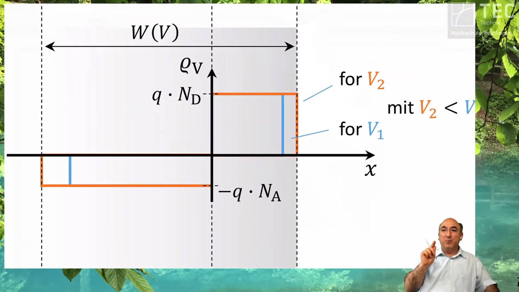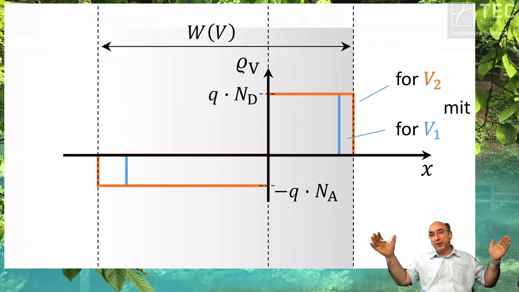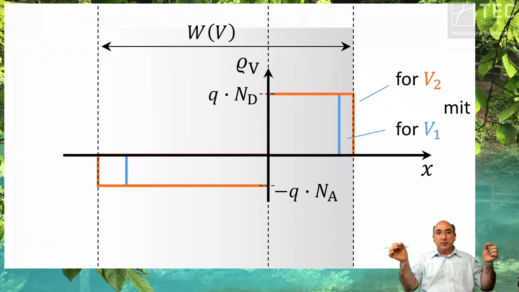Now I have a problem. I want to give you a problem. If I apply a negative voltage, the space charge boundaries penetrate into the neutral area, and the width increases.